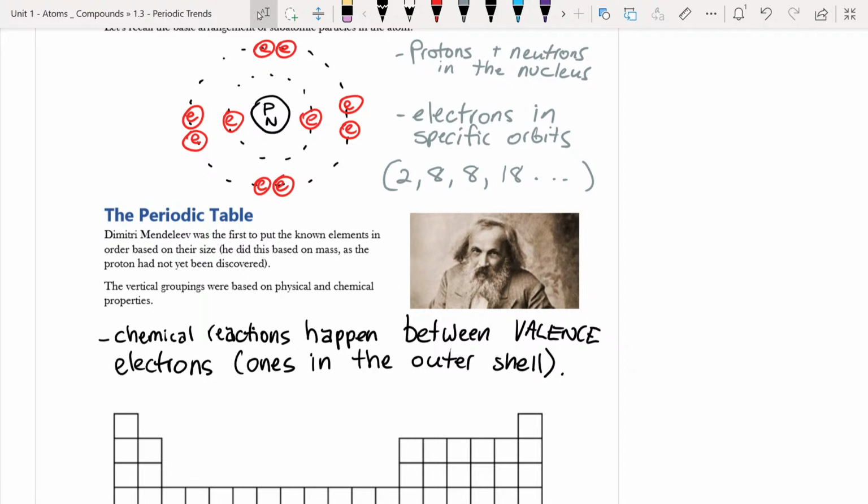We put all of the atoms that have one outer electron in a column because they all behave similarly. That's your sodium, your lithium, your francium, your rubidium. They all have one electron in that outer shell, and they all behave similarly. In their case, because they just have one electron in their outer shell, they want to get rid of it. Those are highly reactive. But does that make sense? They're almost interchangeable.